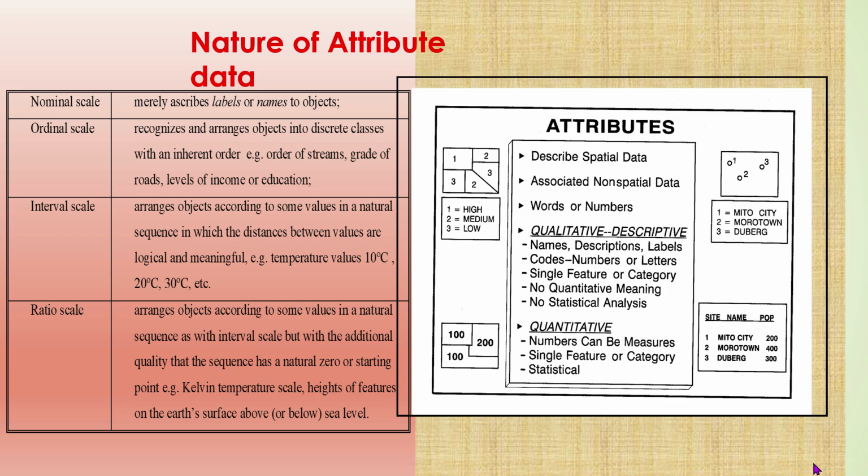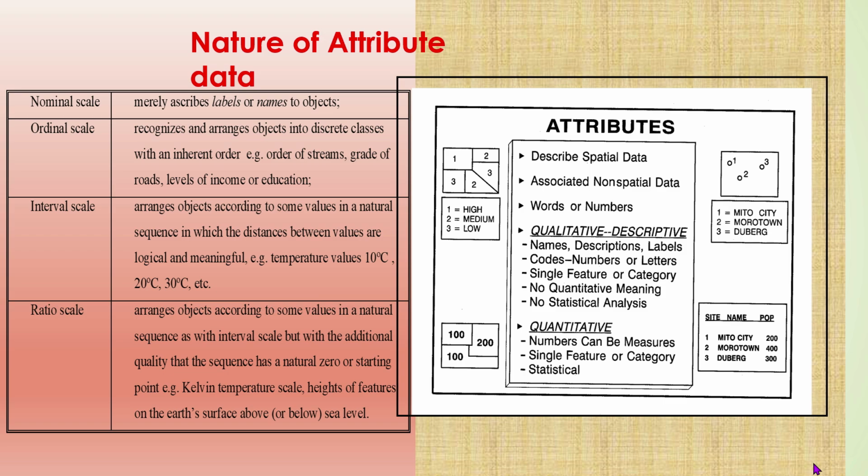Then you can also capture the data in ordinal scale. That is, you arrange objects into discrete classes with an inherent order. You can have level 1, level 2, level 3. Those levels do not have mathematical meaning, but they just show a form of ranking of your data set.